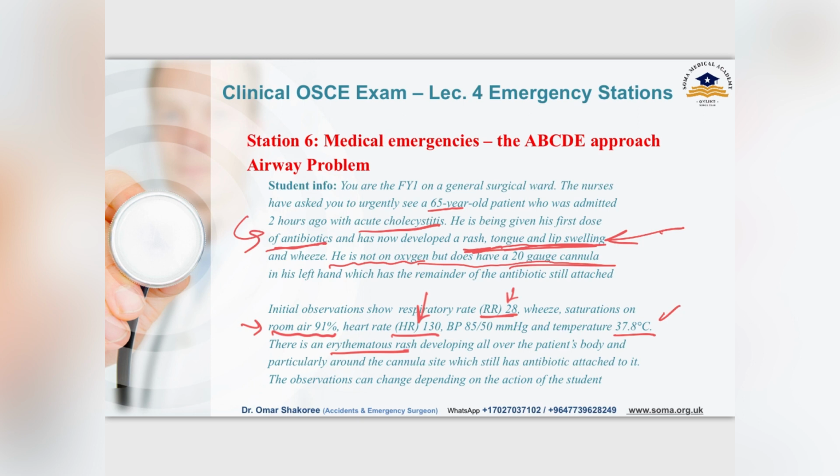This observation can vary from patient to patient and from scenario to scenario. But in this scenario, a patient is admitted to your hospital in your care, and he received antibiotic and developed rash and tongue swelling. So what will be your action? Here we will discuss this.